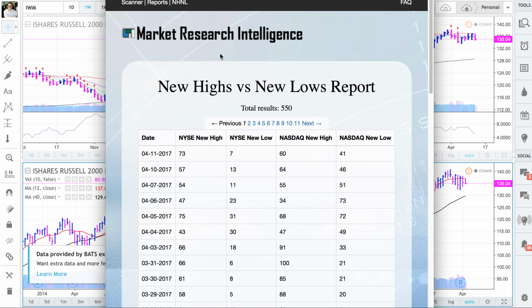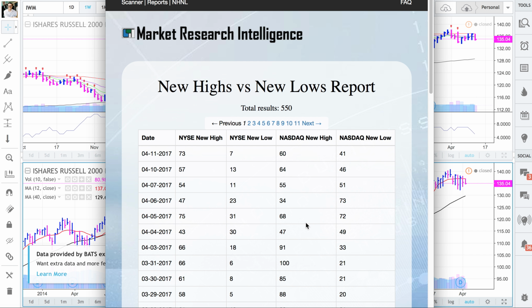If we continuously make new highs in the market and then we start to see the number of stocks making new lows begin to bubble up, it's an indication that something's not quite right. So we want to see the number of new highs trump the number of new lows on both of these indexes.